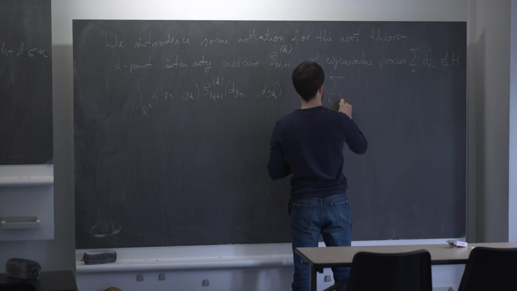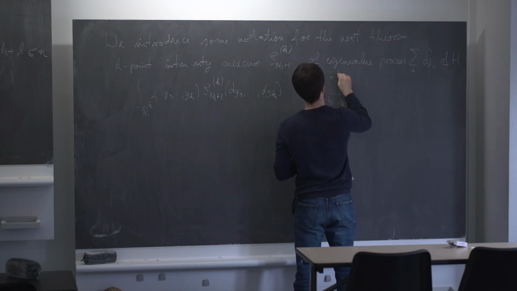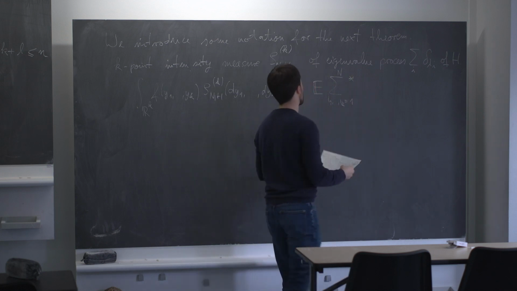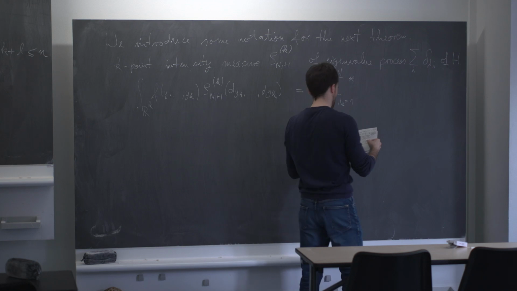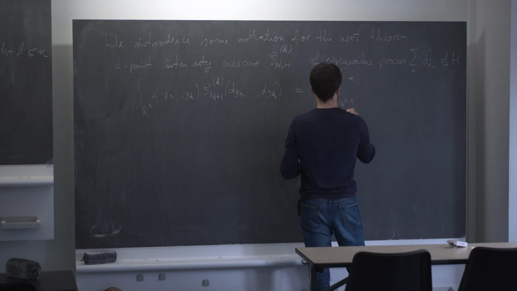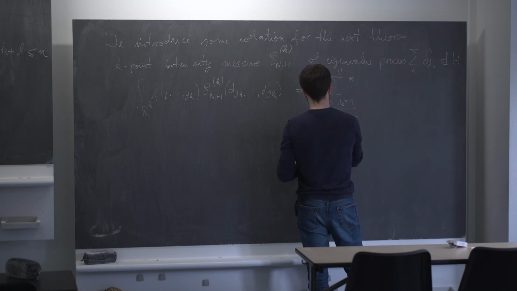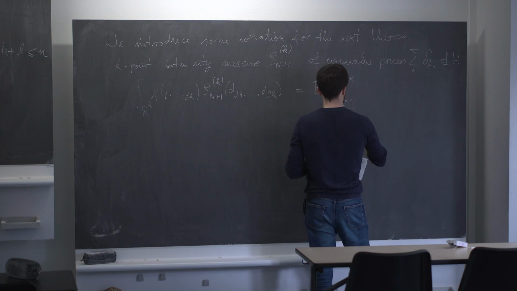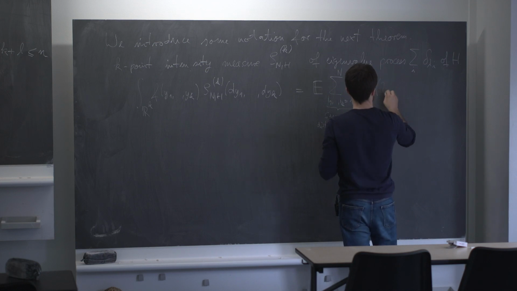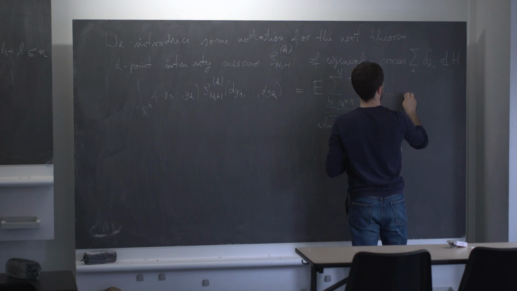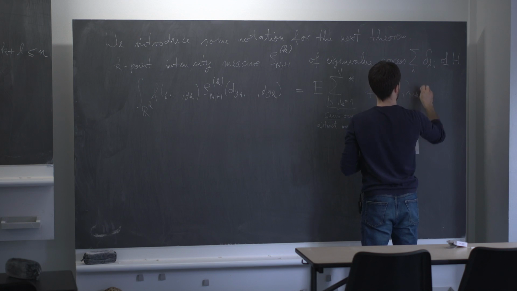again, of the sum, where the star means that I exclude indices to coincide. So this is meant to be the sum over distinct indices f of lambda i1 up to lambda ik.